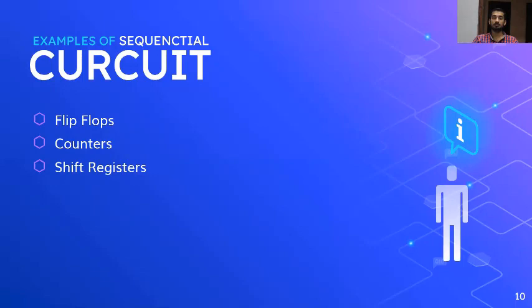If we take an example of a decimal counter, there we have 1 to 9. They count from 1 to 9. So if we give 1 as input, it is stored in the memory element, that is the flip-flop. Whenever we give input 1 the next time, it stores the previous one and adds the next input.